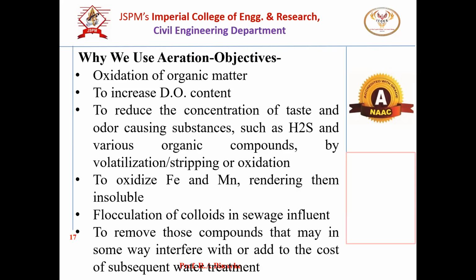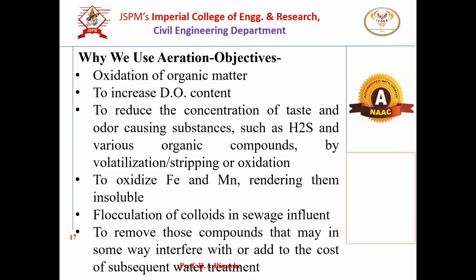Whenever we carry out precipitation, say of ferrous oxide or manganese oxide, it will first be insoluble and then become soluble. So precipitation is very important, and it is carried out due to oxidation, and this oxidation takes place in aeration.